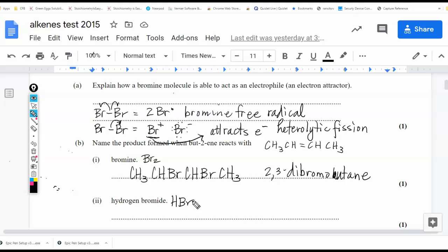Well, adding hydrogen bromide to the mix means that we are going to break this apart into a bromine that has already got all of its electrons, and a hydrogen that is your electrophile.